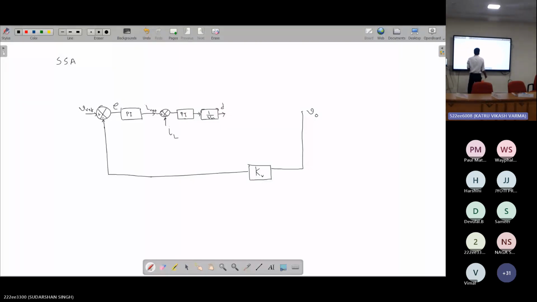And from that duty ratio, I need to get the IL. So how do I get the IL? There will be a transfer function where the input is the duty ratio. From the circuit diagram you can understand the output is your inductor current. Now again you can use some sensor here, either a Hall sensor or a simple sense resistor, but all have some gain. So you can have the sensor gain.